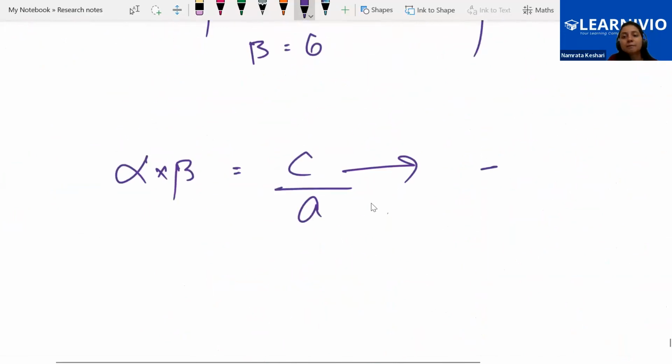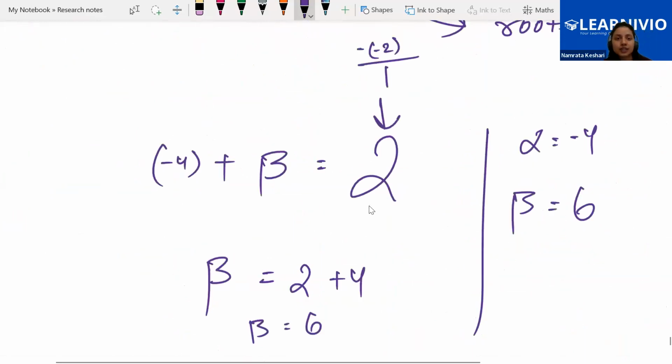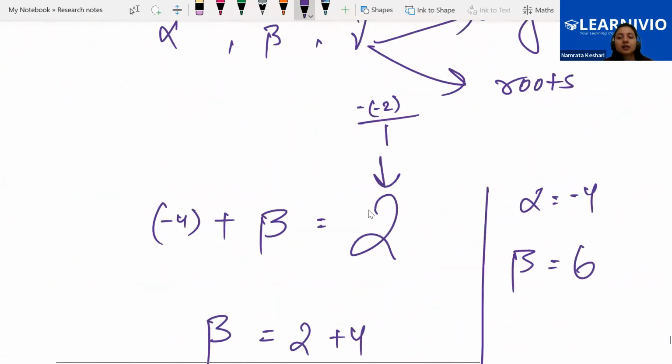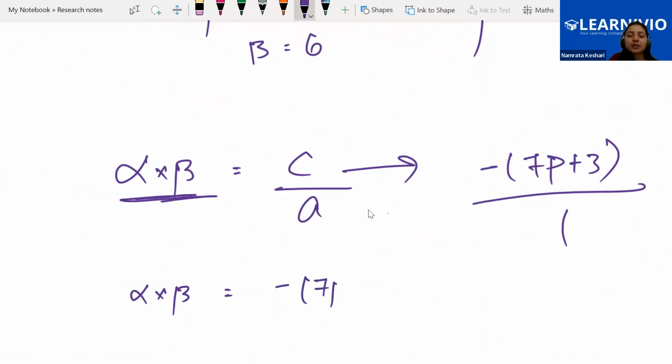A was 1. Yes, a is 1. So we can write alpha into beta is equal to minus of 7p plus 3 by 1.